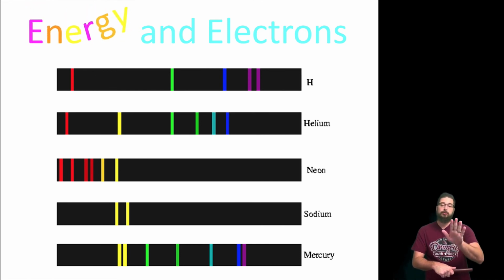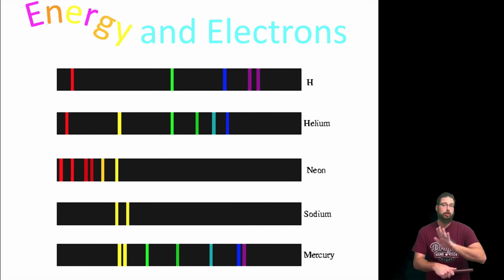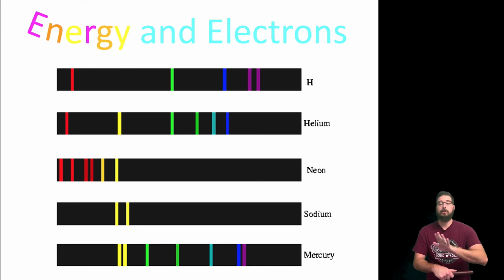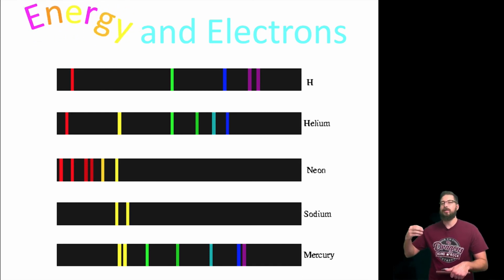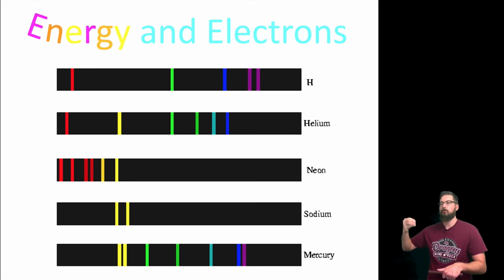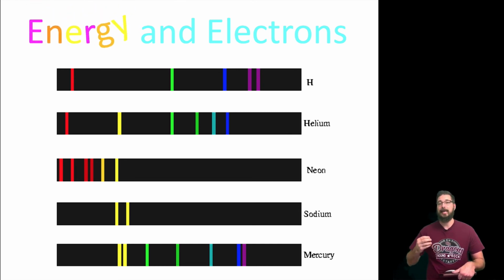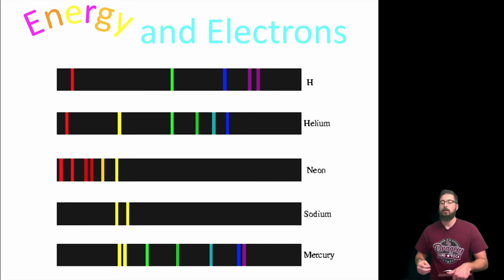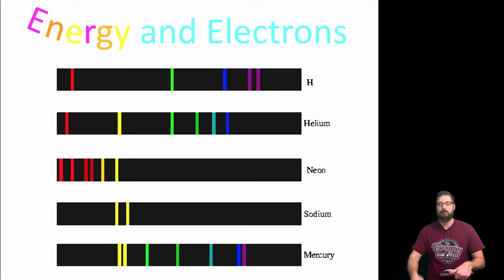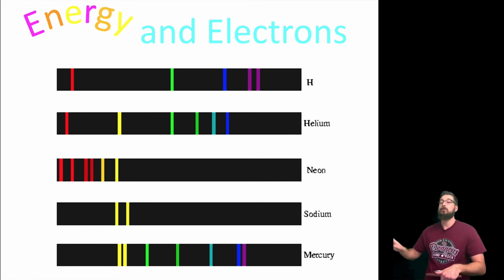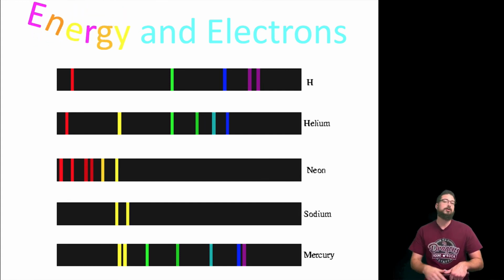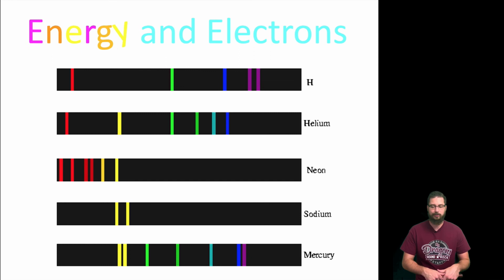And so notice how there are different colors, or a different combination of colors, given off by each element. And so when we see these elements go from an excited state to a ground state, they actually give off different colors. A great example of this is fireworks. When fireworks go off in the air, you can actually see the different colors because there are different elements within those fireworks giving off those different colors.